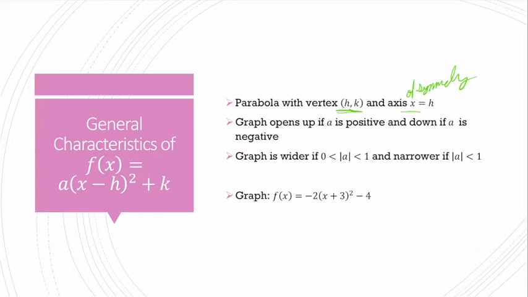If a is negative, my graph opens down. My graph is wider if a is a fraction, a number between 0 and 1. And it's narrower if a is greater than 1, okay? So why don't we go ahead and graph f of x equals negative 2 times x plus 3 squared minus 4. And we'll take a look at what this graph looks like.